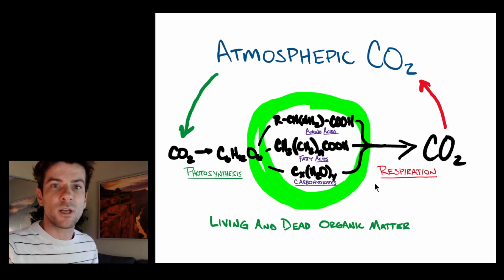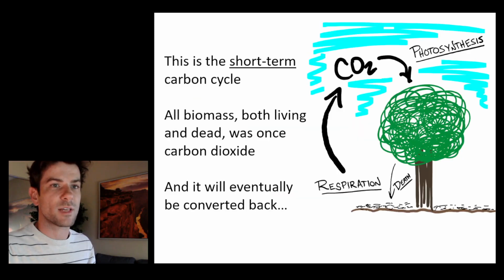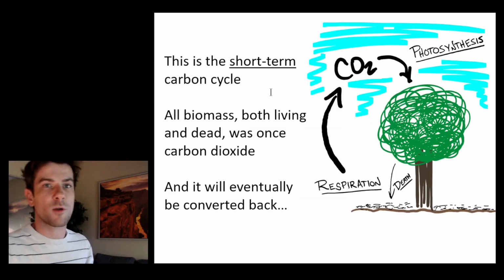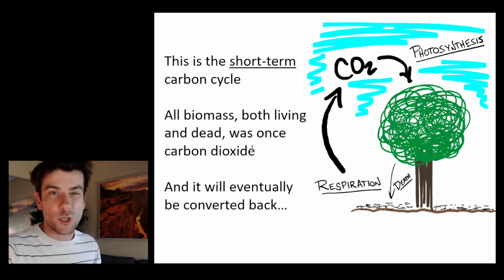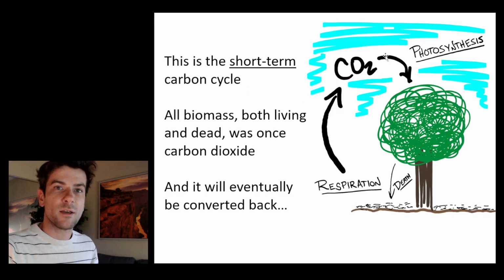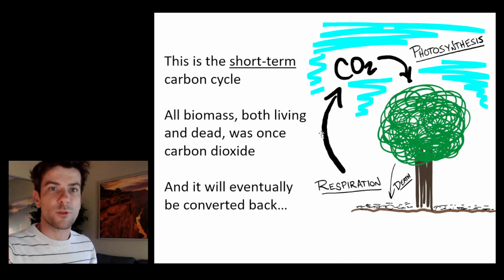Respiration then takes that organic material, breaks it back down into CO2, and puts it back into the atmosphere. That basically makes up the short-term carbon cycle. You have CO2 out of the atmosphere or the ocean-atmosphere system, fixed into organic material, which is then broken back down into CO2 through respiration back into the environment.